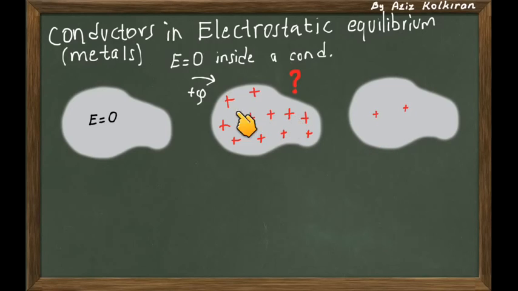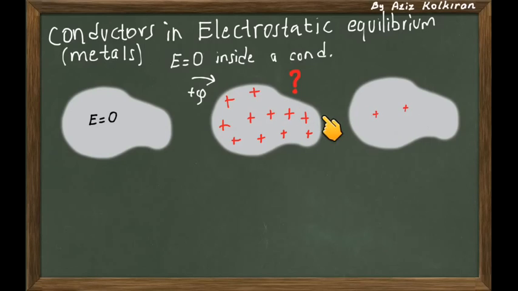By the way, even if we charge a conductor for a very short amount of time, typically on the order of nanoseconds, once you charge the conductor with extra charge, these charges will distribute themselves on or inside the conductor so that all the charges will be at rest. After a very short period of time, the conductor will reach the electrostatic equilibrium condition.